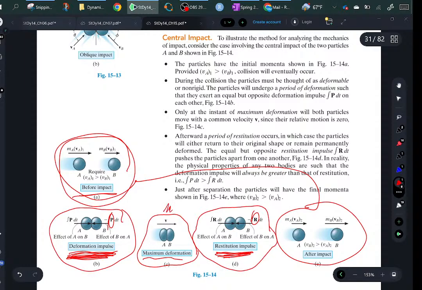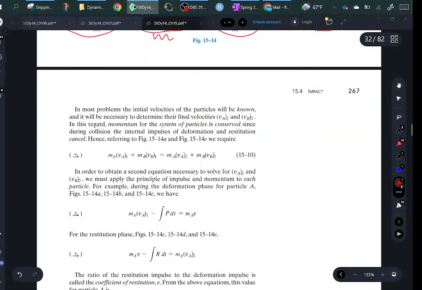This is just a defining point that separates the 2. And during when we're looking at this here and this here, we're going to look at just a system like that. He does that on the next page.